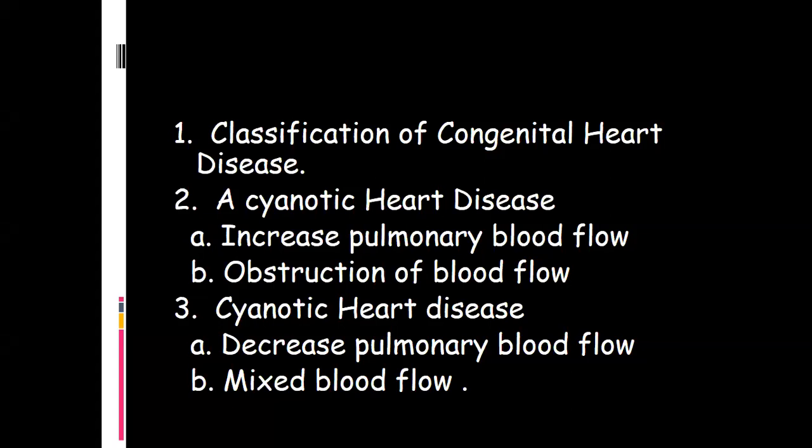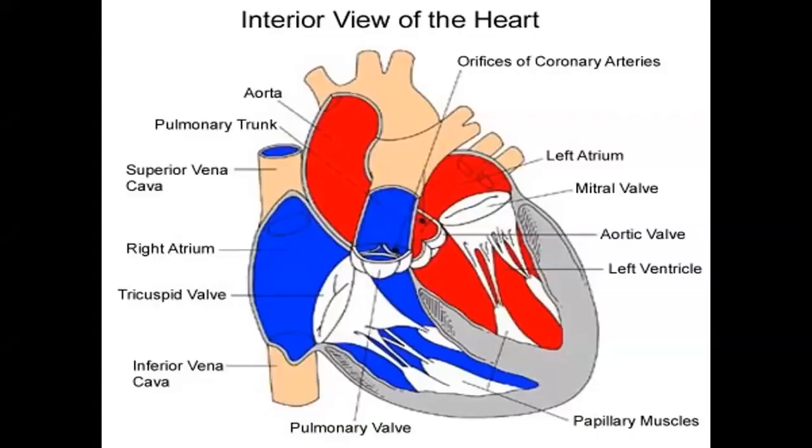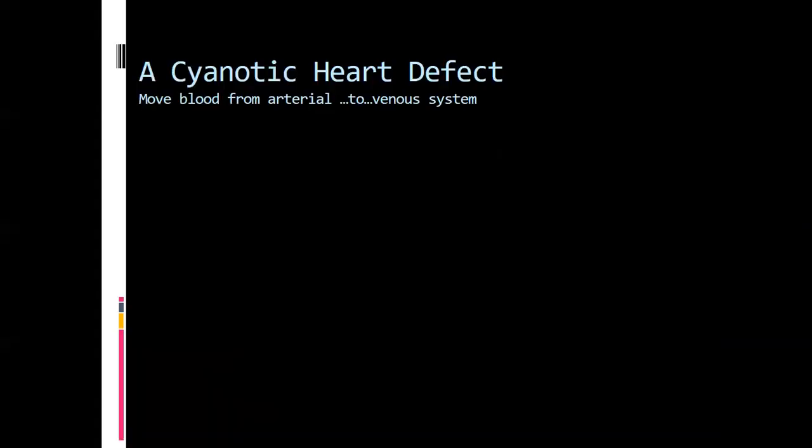So these are the three headings under which congenital heart disease can be classified: acyanotic heart disease, cyanotic heart disease, and obstruction.